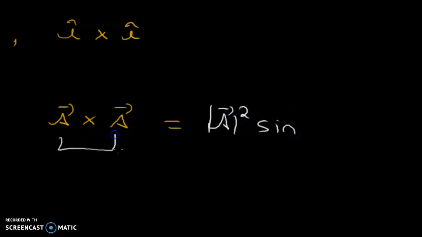And what is the angle between two same vectors? 0. So this would be 0 only. It would be maximum when the angle is 90, and 0 when the angle is 0, opposite to the dot product. So i cap cross i cap would be 0.